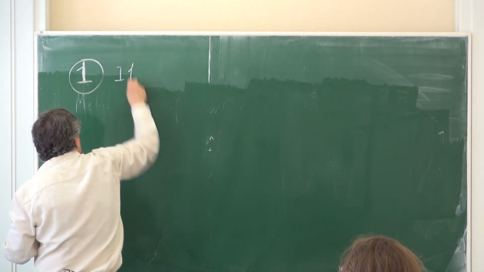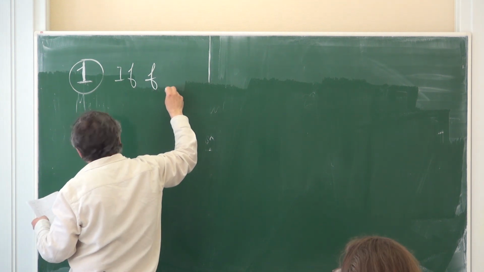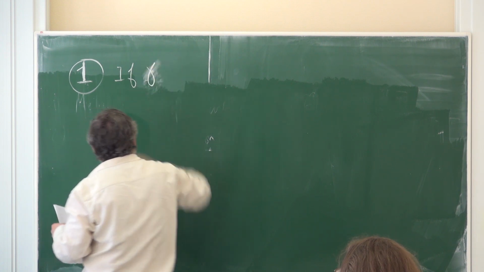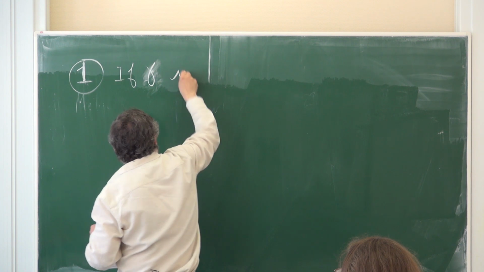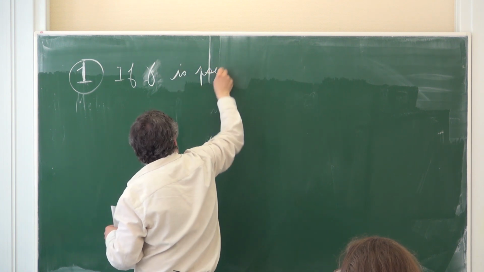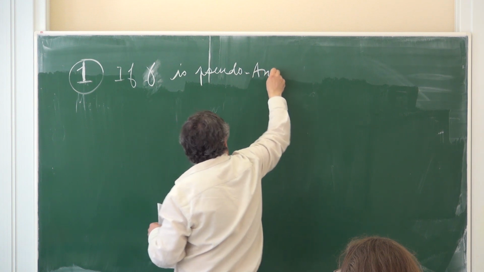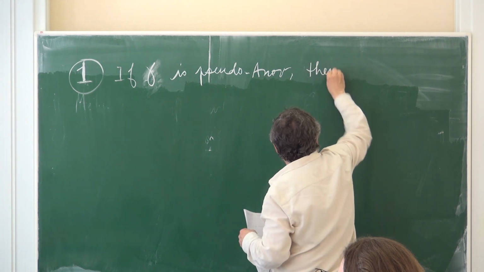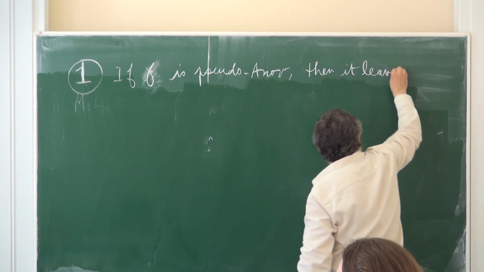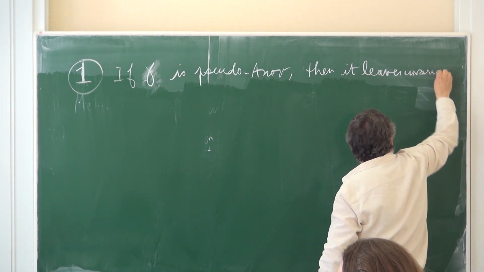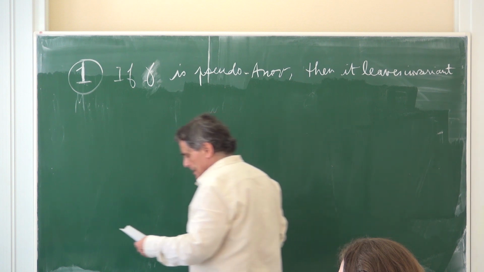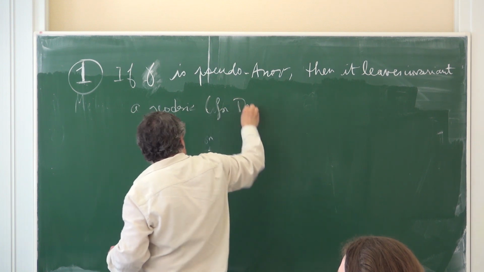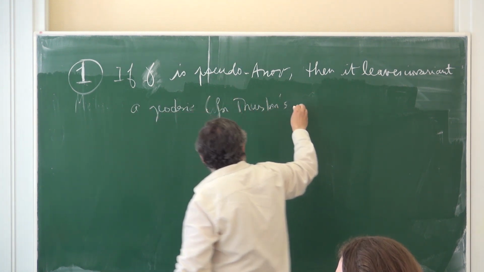So the first result is that if gamma, the mapping class is called gamma, is pseudo-Anosov in the classification of Thurston, then it leaves invariant a geodesic for Thurston's metric.